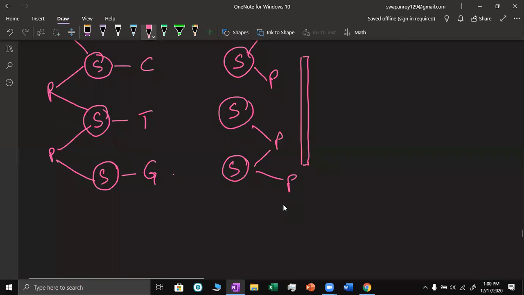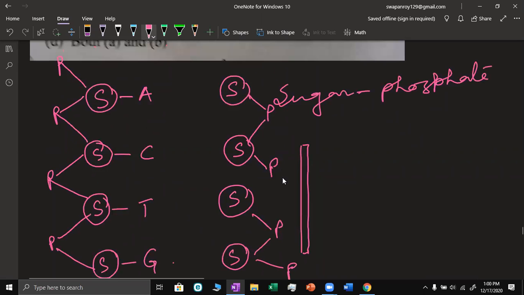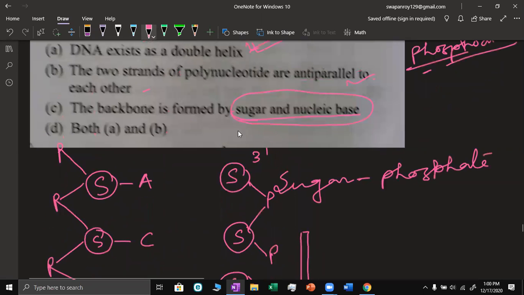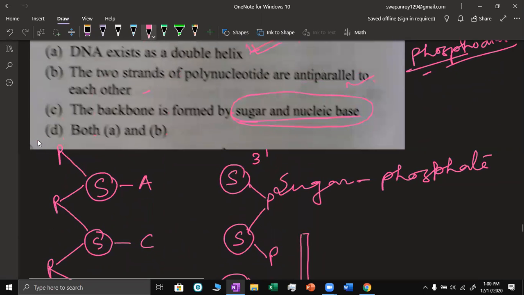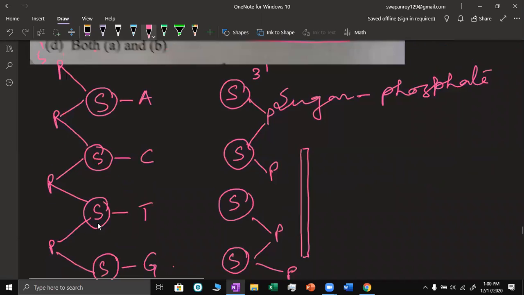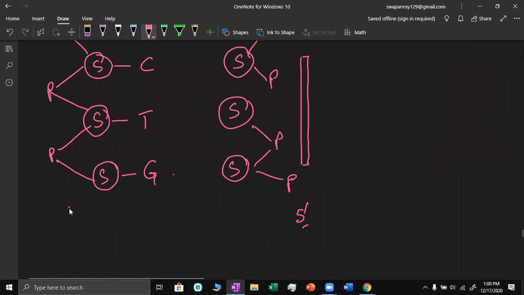Okay, this side will be the 5 prime end, because this phosphate is attached to the fifth carbon of the sugar. All right, so the 5 end, and this side is the 3 end, and this one is the 5 end, this side will be the 3 prime end.